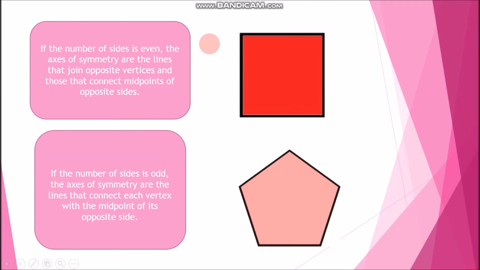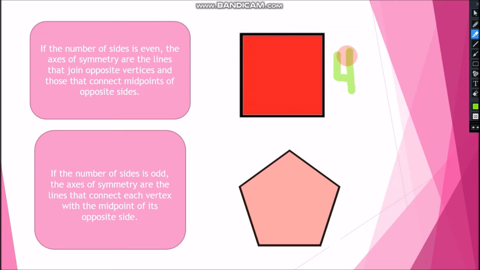Okay, it's important that we remember that if the number of sides is even, for example, 4 sides, for example, 6 sides, this is a square and has 4 sides, is a figure with sides even.